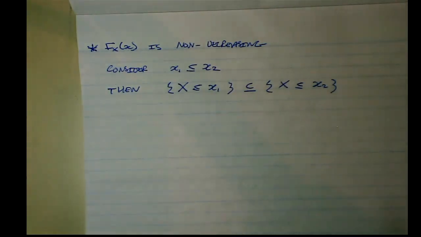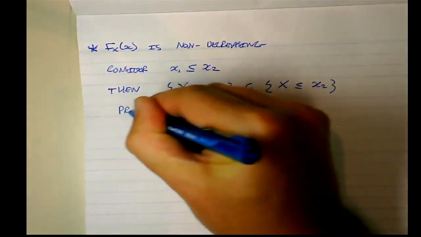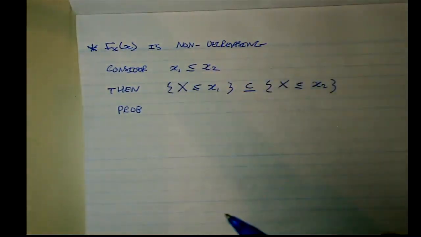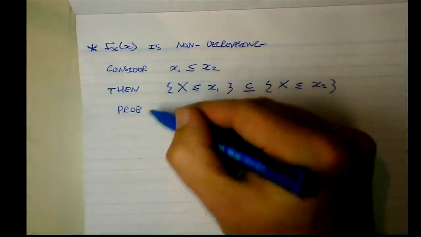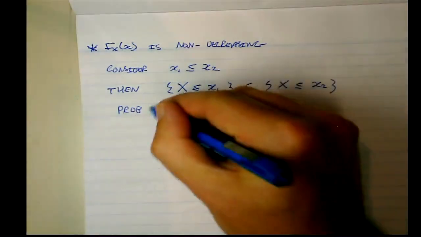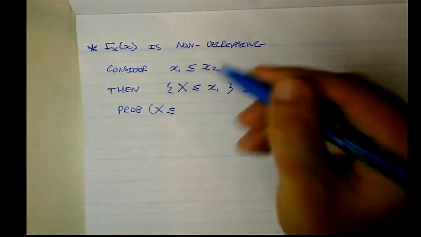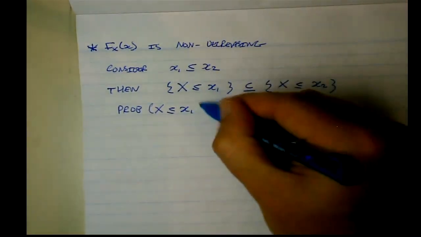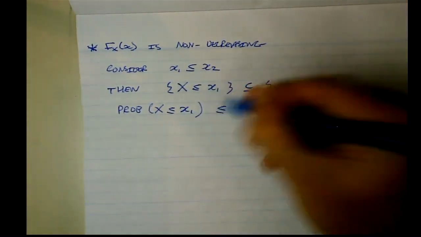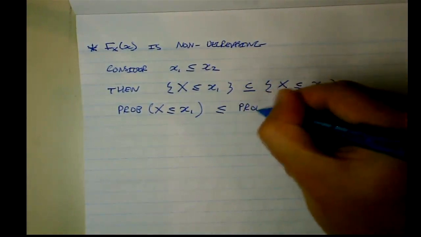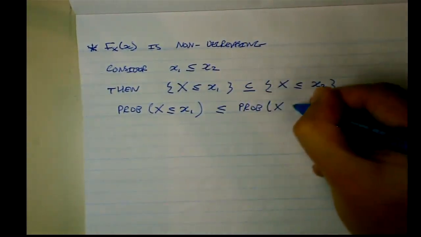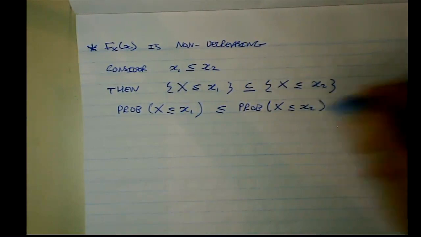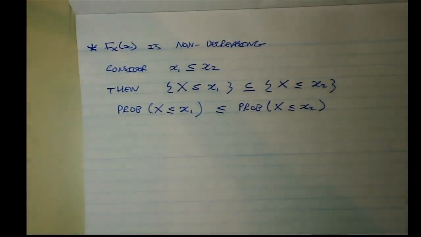Next, last time we showed that the probability that X is less than or equal to x1 must then be less than or equal to the probability that X is less than or equal to x2. That was one of the results we derived last week.